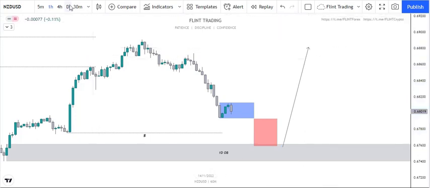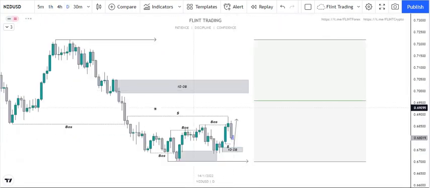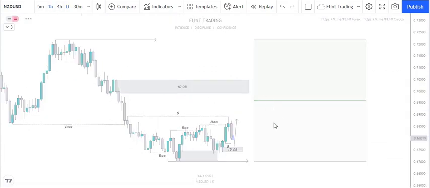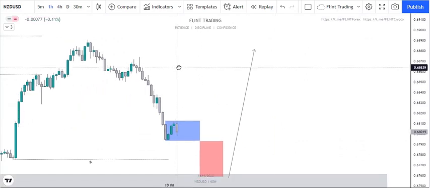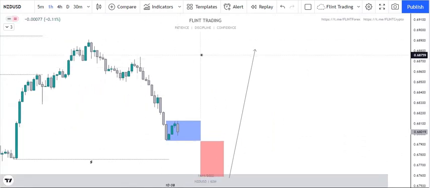If you are a swing trader, you can obviously target this zone here, but being an intraday trader, I'll be looking for a 1 to 5 risk to reward ratio, maybe till here or maybe till here, and that's it.